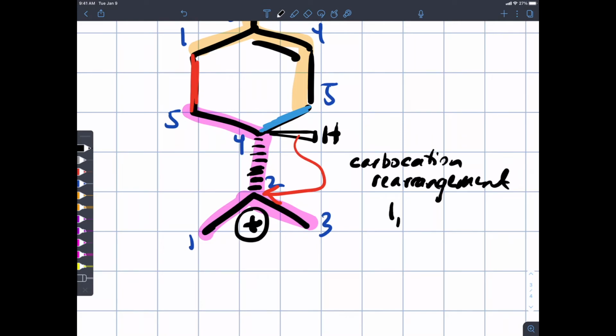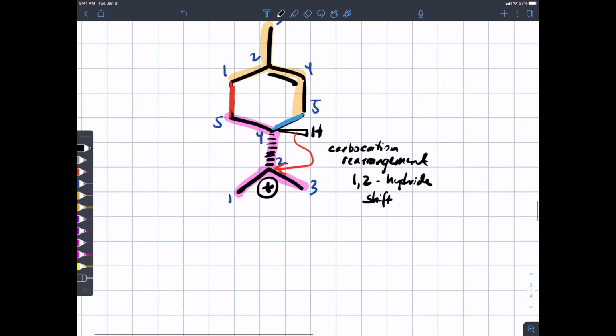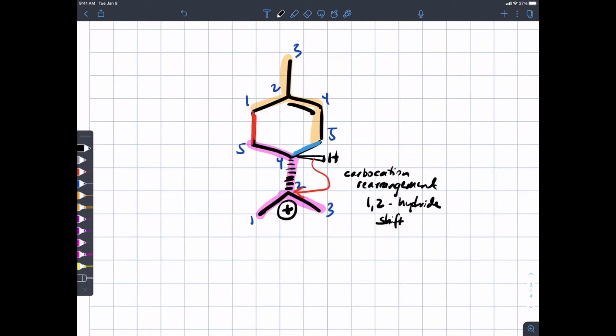This is a 1,2 hydride shift. That's the evidence, by the way, for the carbocationic intermediate. Remember, an isolated positive charge on a carbon is consistent with an empty p orbital on carbon 2. This carbon-hydrogen bond on carbon 4 can line up with that p orbital and then lean over into it and make a new bond with carbon 2.